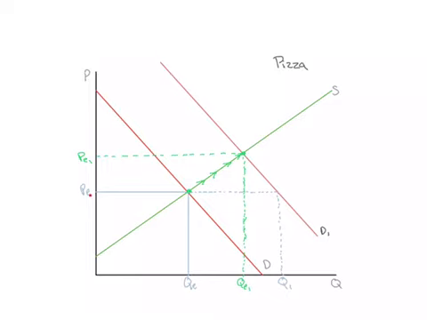But what we do have is that at the original market equilibrium price, we now see that demanders want Q sub 1 slices of pizza. Where before they only wanted Q sub E, now they want Q sub 1. In other words, demanders want more pizza, Q sub 1, than suppliers are willing to supply.